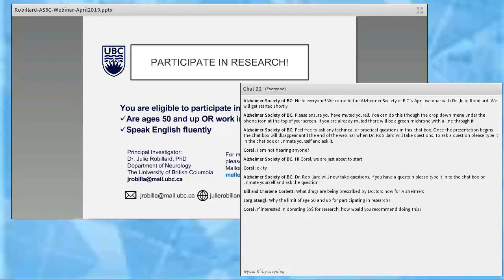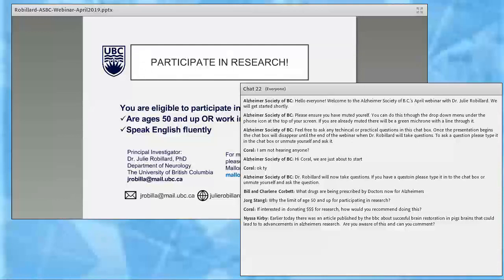I have another question coming in. I'm trying to answer them fairly quickly, but if you have any follow-up questions, definitely feel free to be in touch by email, and I can answer as best I can, or at least point you in the direction of someone who could. So we have another question that says, if I'm interested in donating funds for research, how would you recommend doing this?